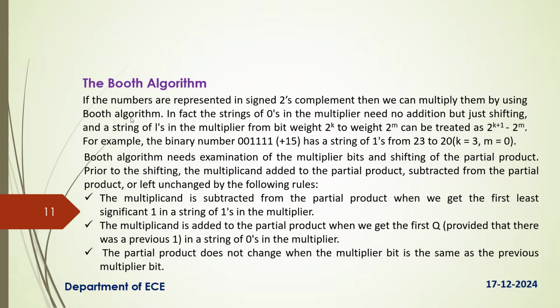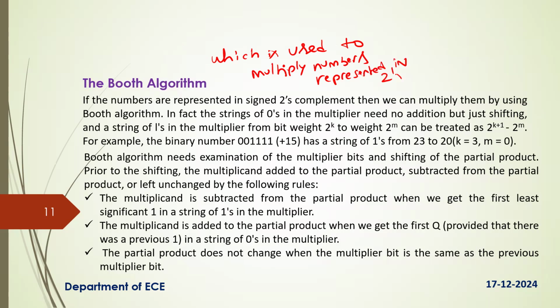Today I am going to discuss the Booth algorithm. What is the main function of the Booth algorithm? The Booth algorithm is used to multiply numbers represented in 2's complement form.